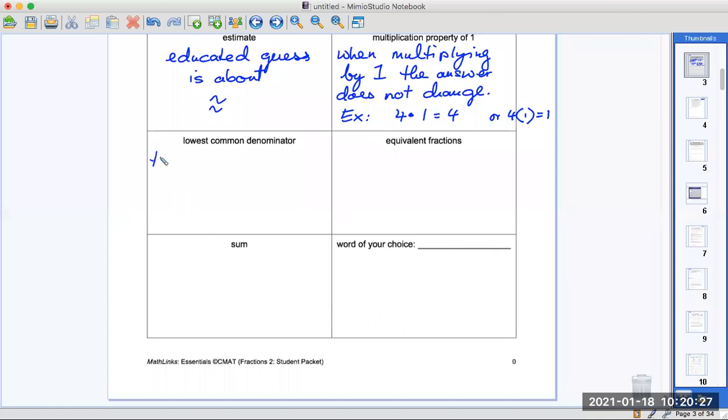It's called the least common multiple of the denominators. Remember, you have two or more.